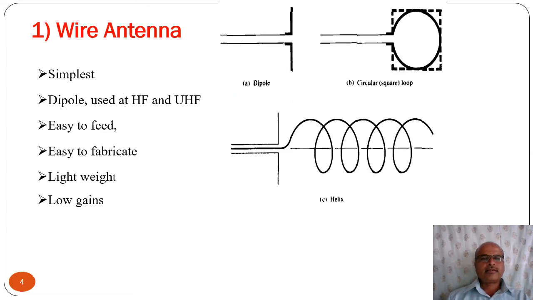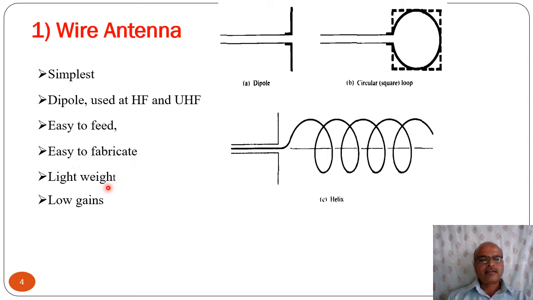First, the wire antenna. Wire antennas are the simplest type of antennas, and generally among these, the dipole antenna is used at HF and UHF frequencies. The main advantage is that these antennas are easy to feed and easy to fabricate.